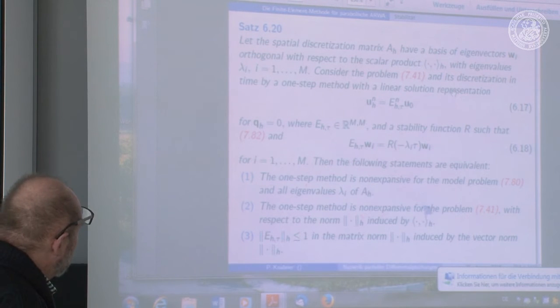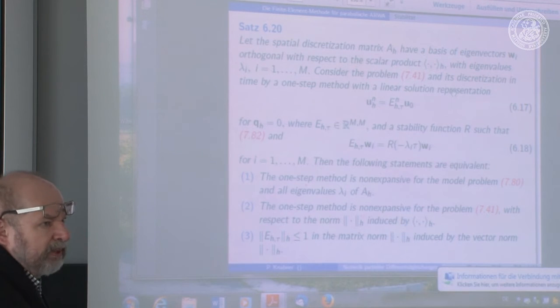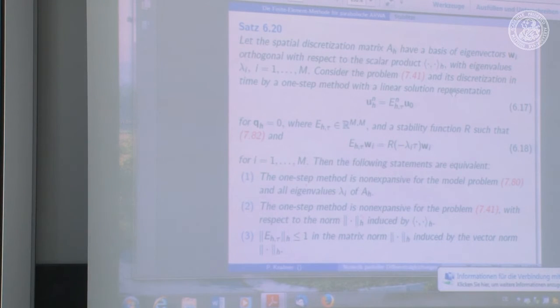So at this level, this, so to speak, determines our spatial norm which we use. So that means either L2 norm or discrete L2 norm, but it can also mean, in the case of a symmetric A, of a symmetric bilinear form, then we have seen in this case these eigenvectors are not only orthogonal with respect to the discrete L2 scalar product, but they are also orthogonal with respect to the A scalar product.